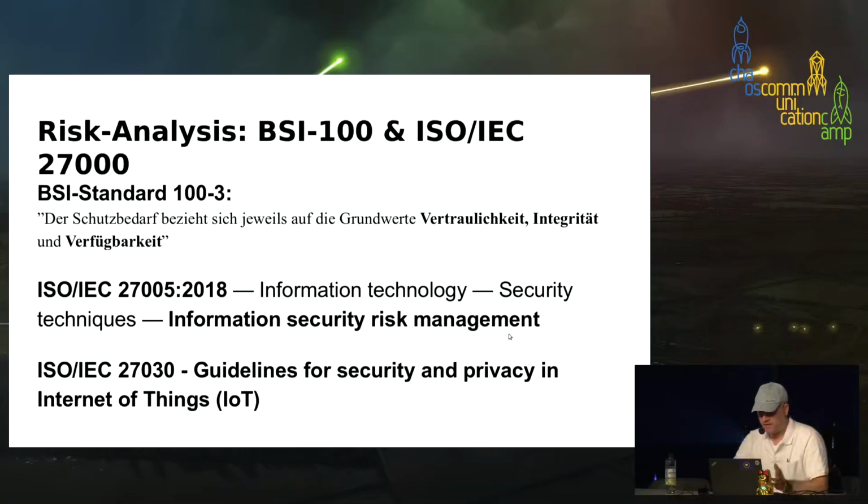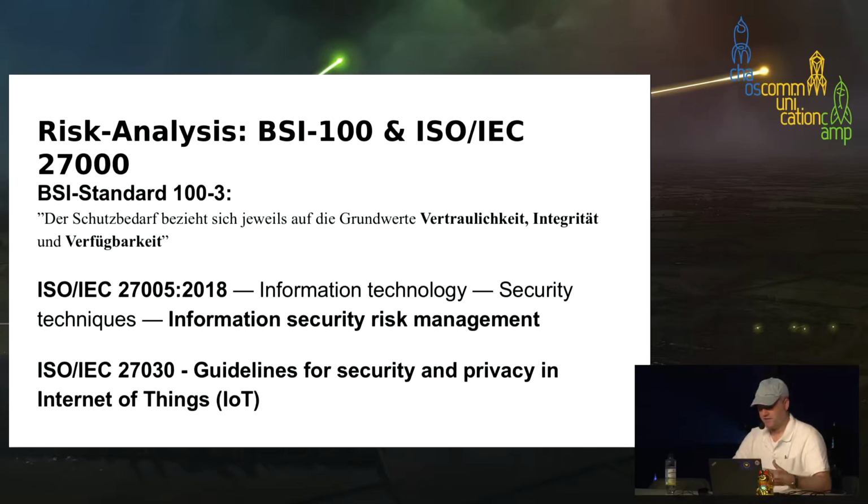So when we analyze the risk now, there are some methodologies that should be used, so there is the BSI 100 standard or the ISO 27000, and they define a process for how you analyze certain risks and threats.